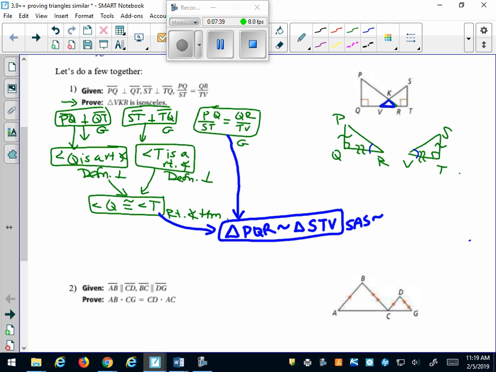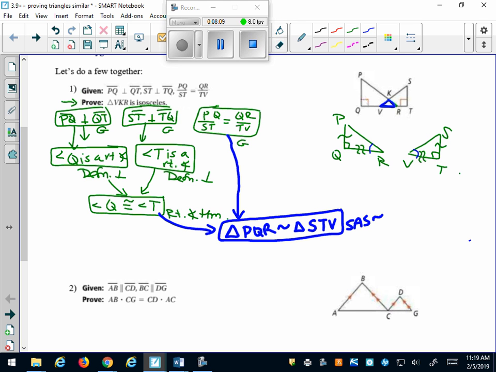Yeah, the definition of similar triangles says that corresponding angles are congruent and corresponding sides are, what's that P word? Proportional, right? So corresponding angles are congruent, corresponding sides are proportional.